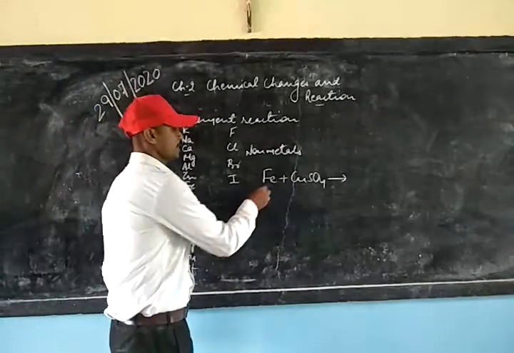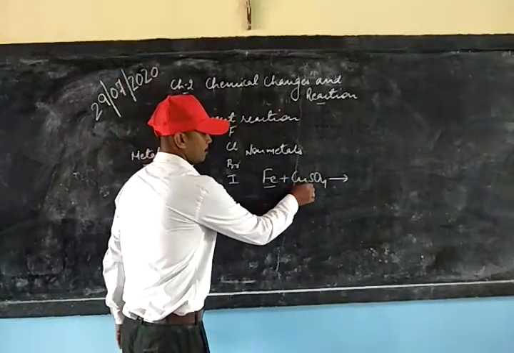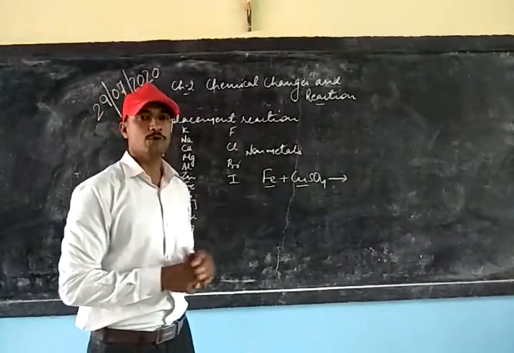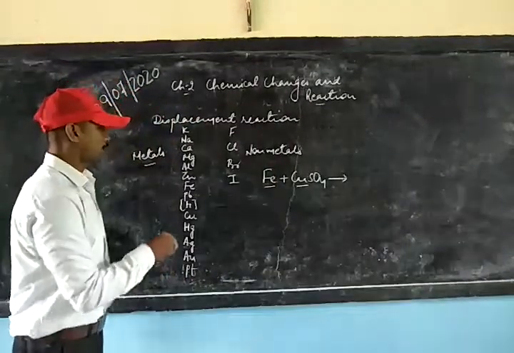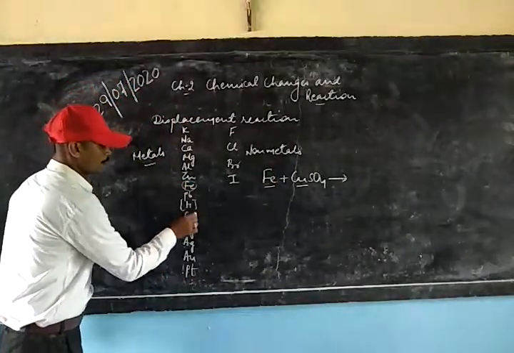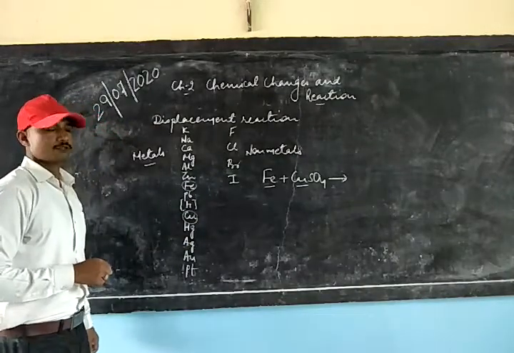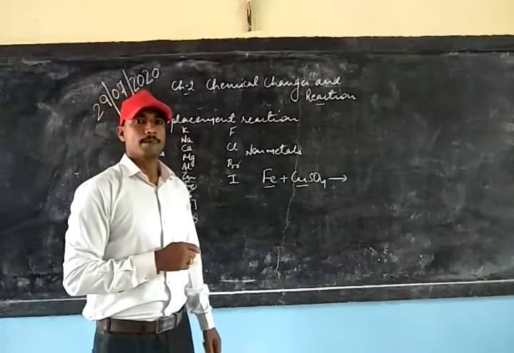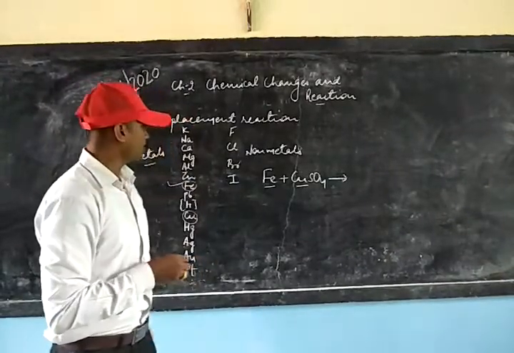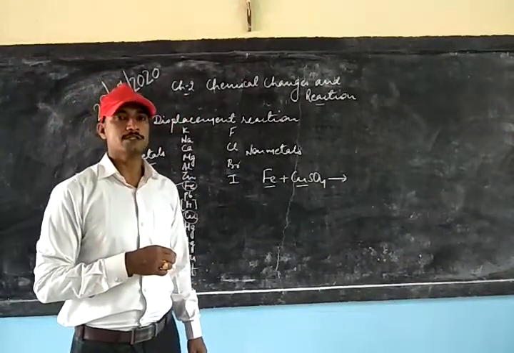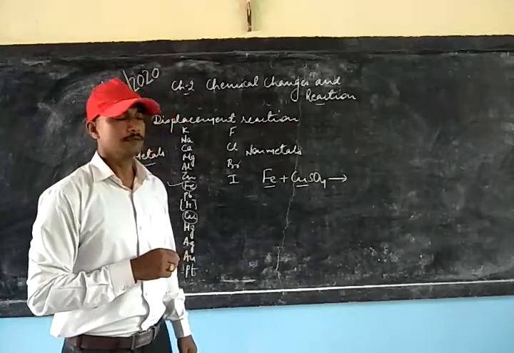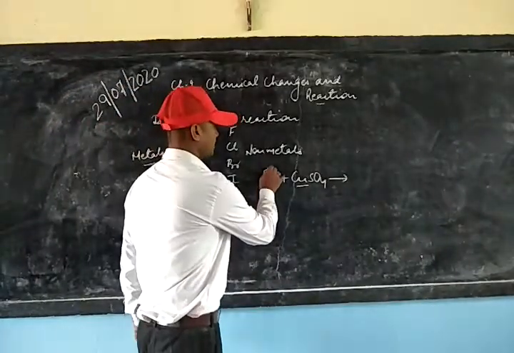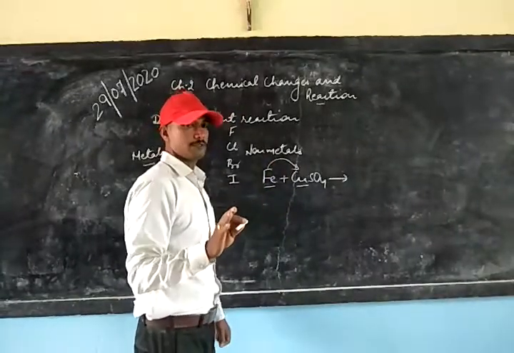Between iron and copper, iron is more reactive because iron is above copper. The one in the upper position in the reactivity series will be more reactive. So iron is more reactive than copper, and so iron can easily displace copper out.